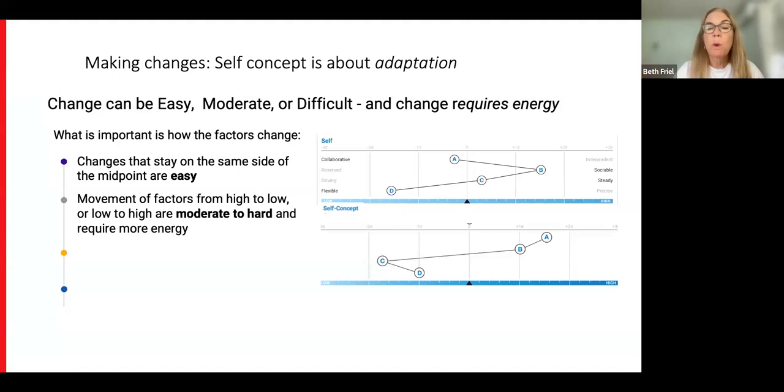So if there's just one thing moving, that's probably moderate. But in this example, there's two things moving to other sides of the graph. It goes from a low A to a really high A, and it goes from a low C to a high C. So I would consider that pretty hard to sustain.